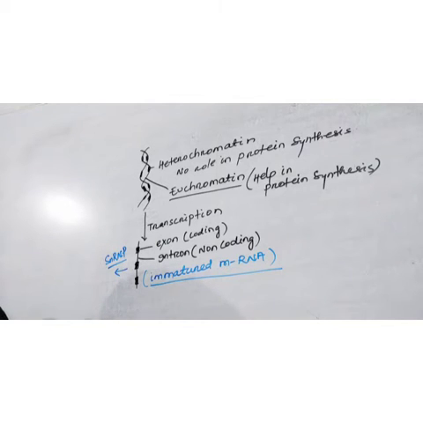When the introns are removed, the remaining exons join to form the RNA which is shorter in length. Suppose all these three exons join, forming matured messenger RNA.